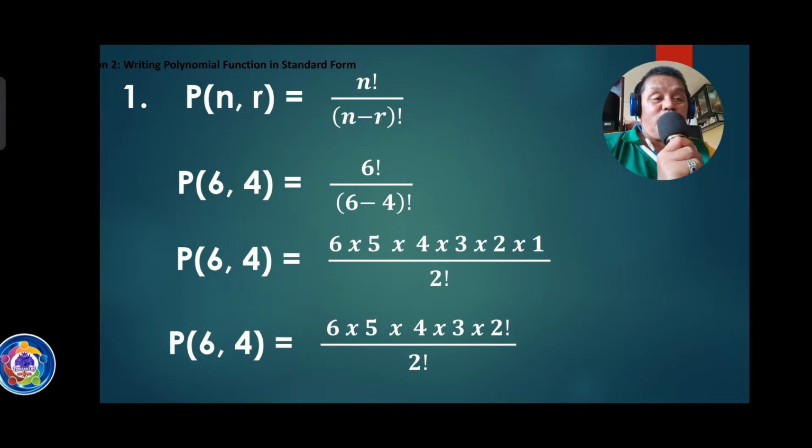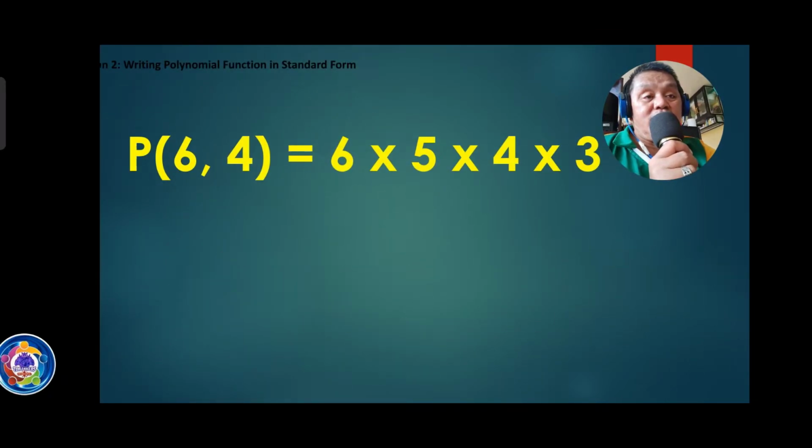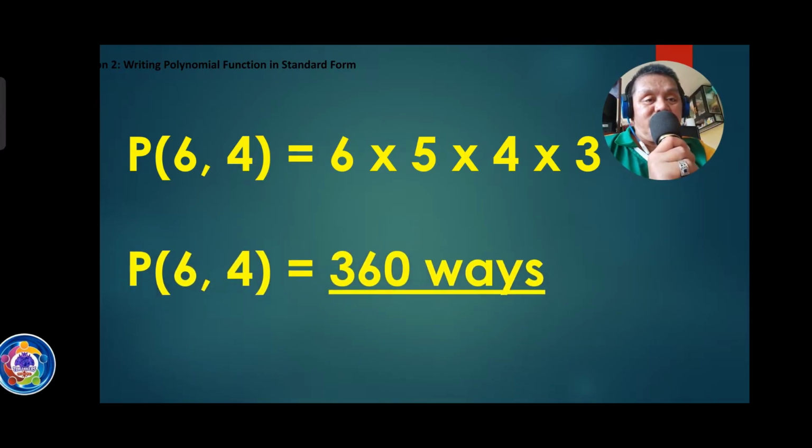So this time you are going to cancel 2 factorial over 2 factorial. What remains is 6 times 5 times 4 times 3. And what is 6 times 5 times 4 times 3 in your calculator? So the permutation of 6 objects taken 4 at a time is equal to 360 ways.